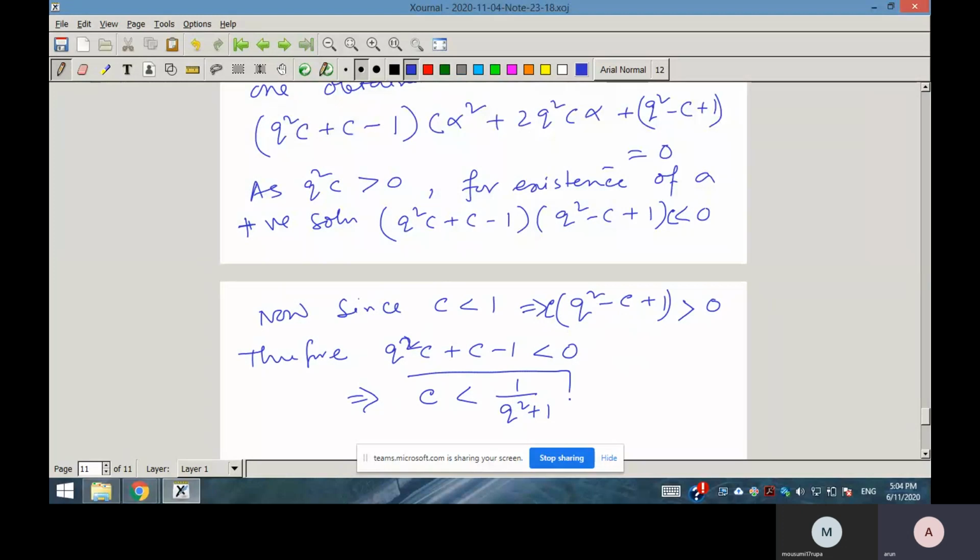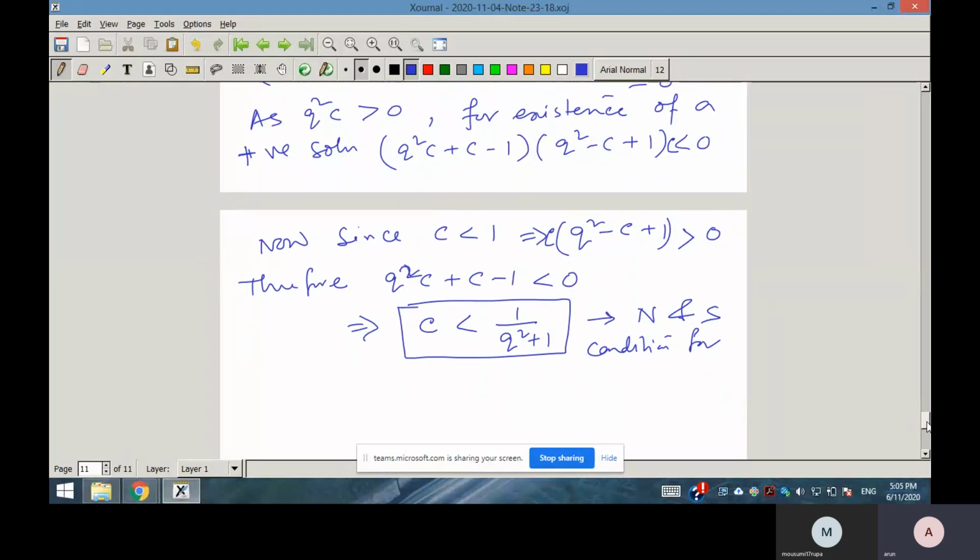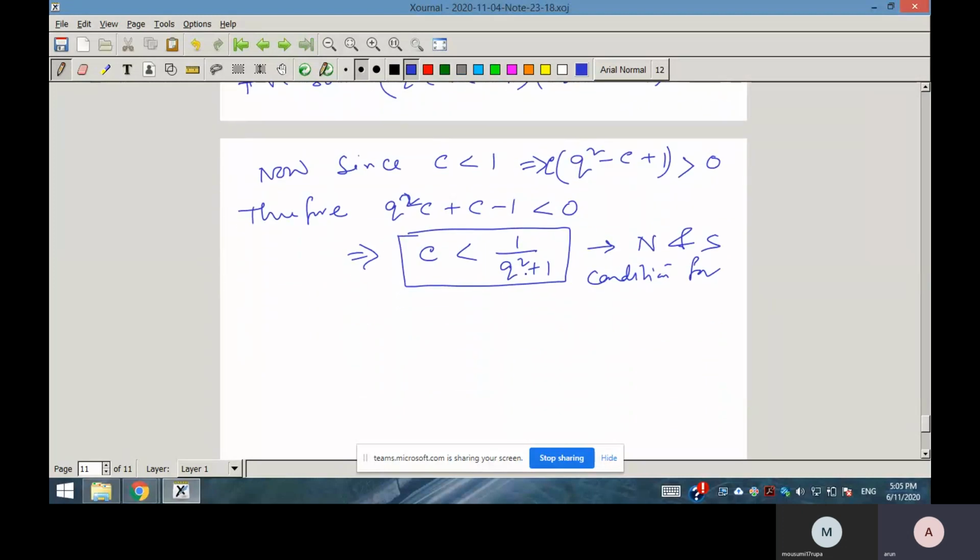So this is the necessary and sufficient condition for existence of the lag-lead controller, because once you get alpha, you can get beta, and then for computation of b and a, you can easily compute them. So this is the necessary and sufficient condition for existence of the lag-lead controller.